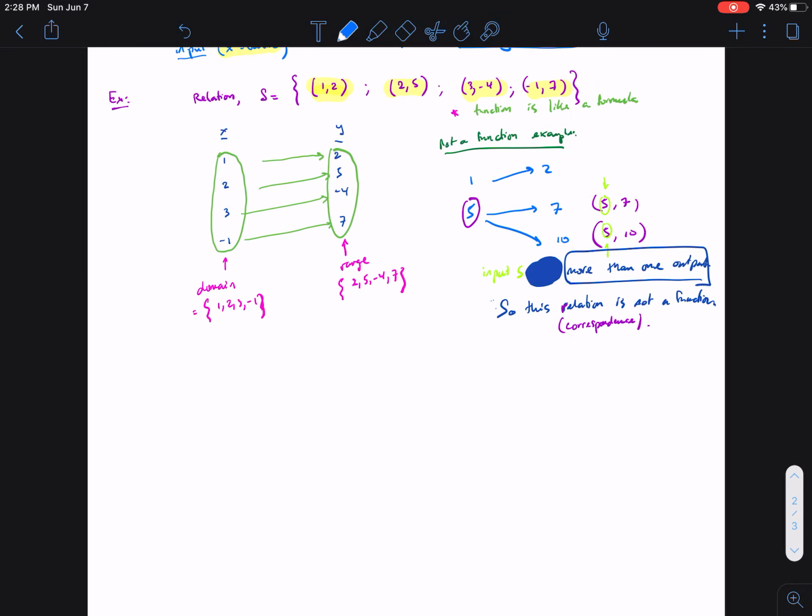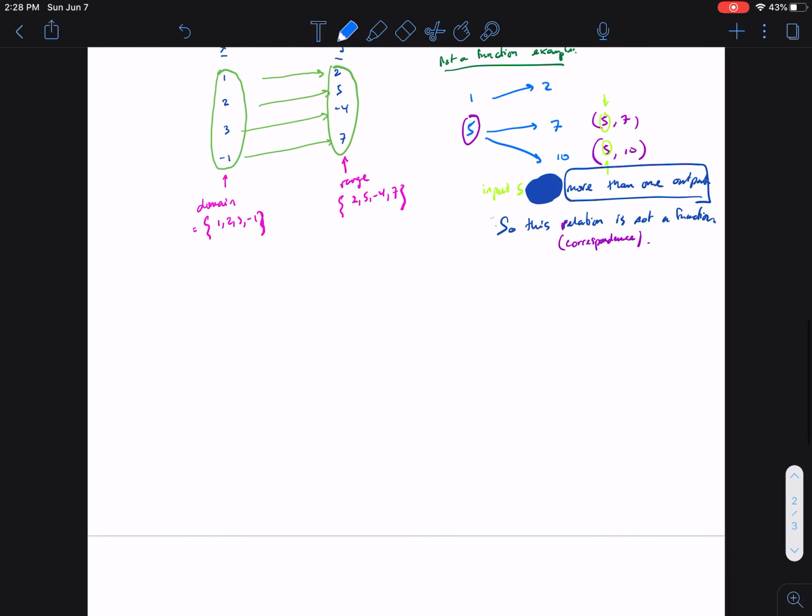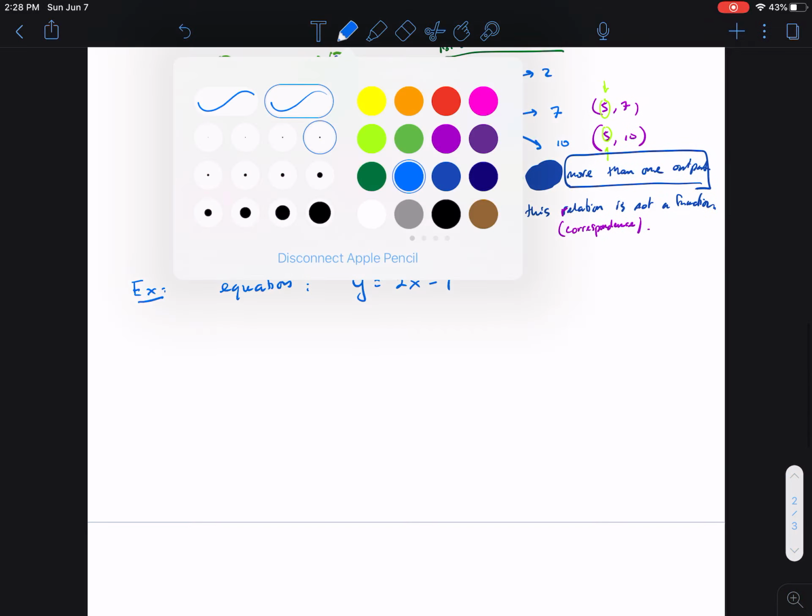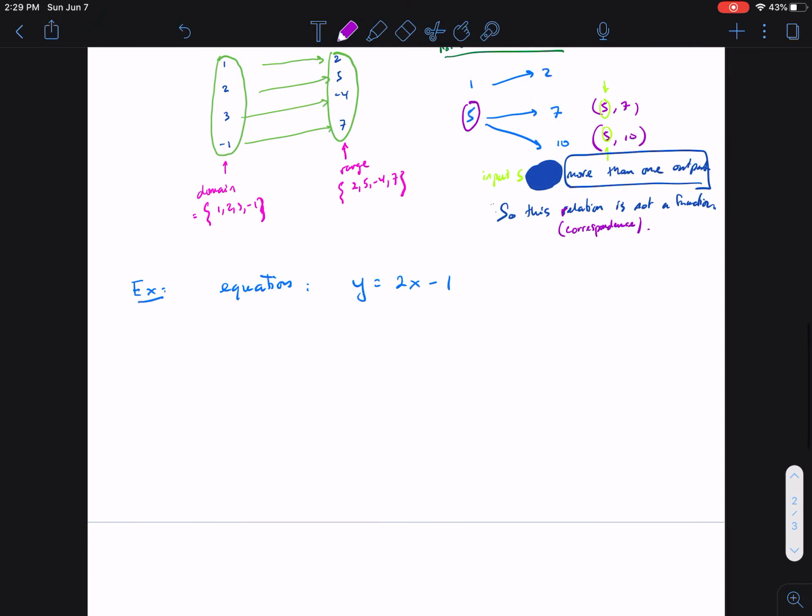All right, so let's say we have the equation y equals 2x minus 1, the previous one.